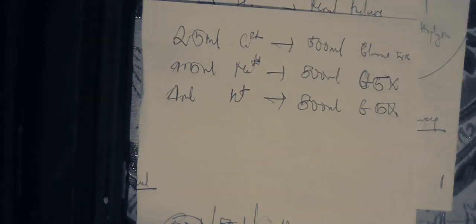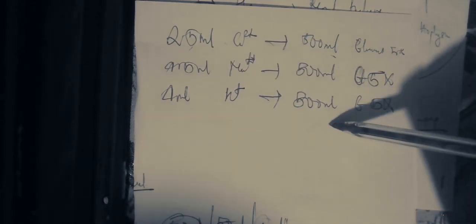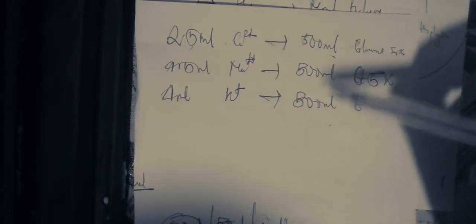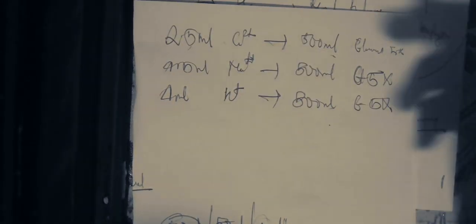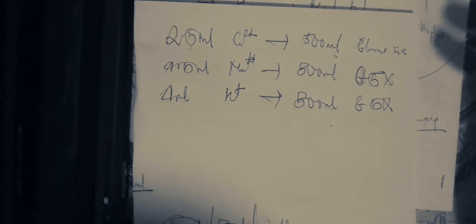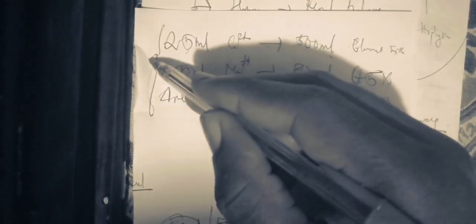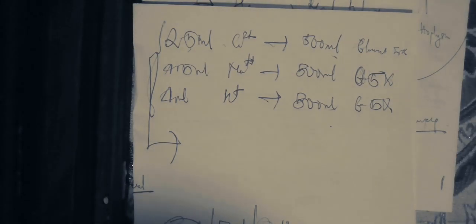So it means that you just do an equation. Is it clear? So if you have 2.5 mil corresponding to 500 mils, what is the normal fluid intake of that child? You calculate the normal fluid intake of that child, and then you correspond it to the 2.5 mil in that concentration. So that's another method that you can use in order to calculate the concentration of the ions.